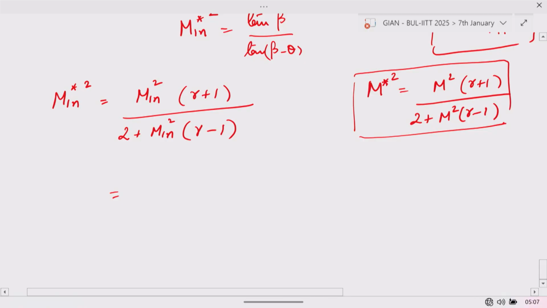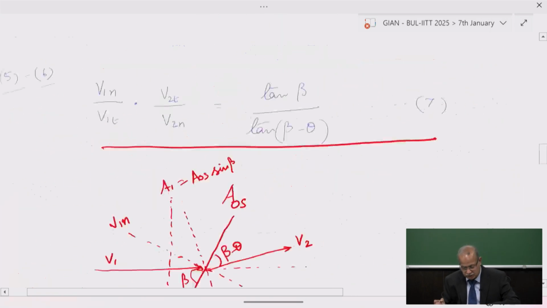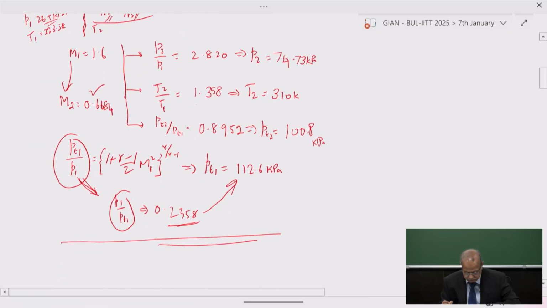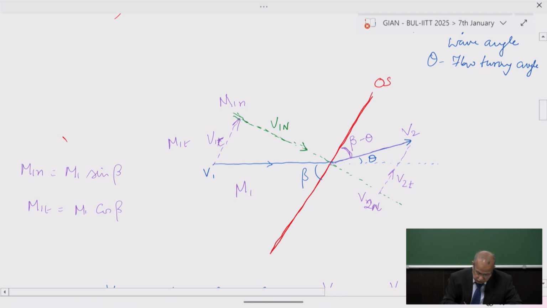So now we can write this. Let me write M1n is M1 sine beta. We got this from the very beginning here.